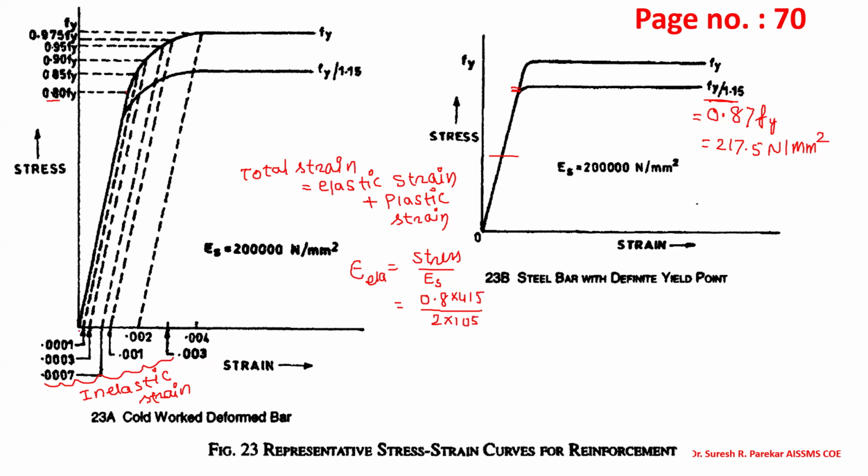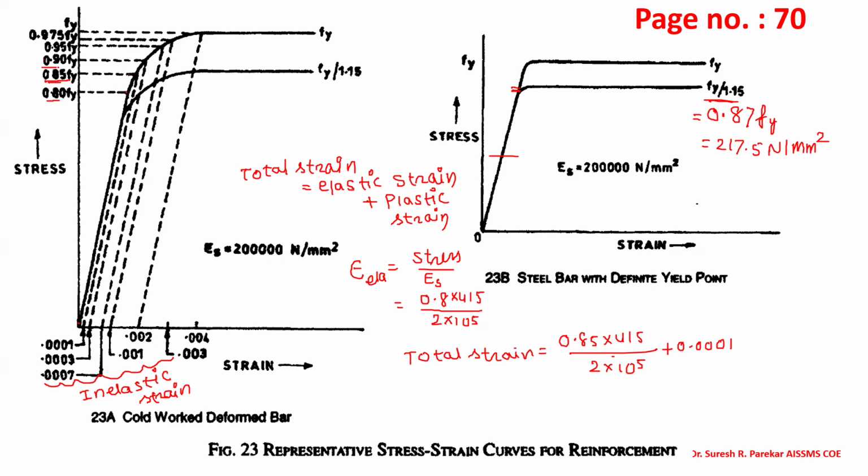As here we do not have any inelastic strain, it becomes 0. If I have to find it at 0.85 Fy, the total strain equals 0.85 into 415 upon 2 into 10 raised to 5, plus the inelastic value, which is 0.0001.